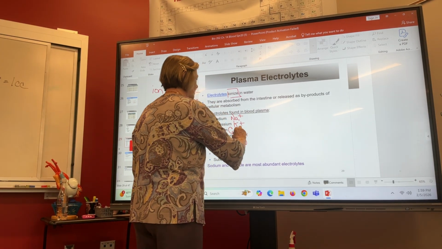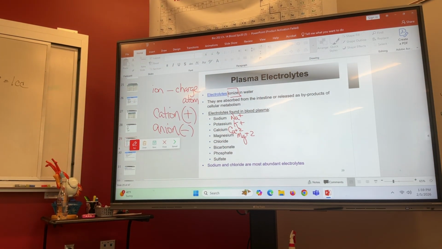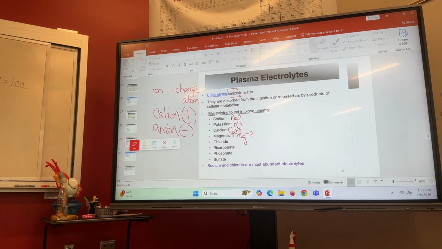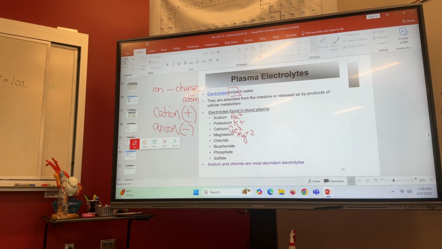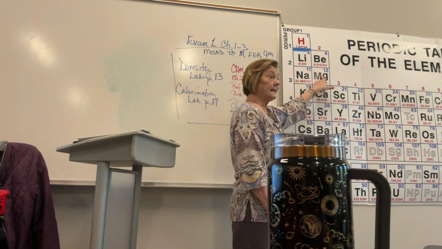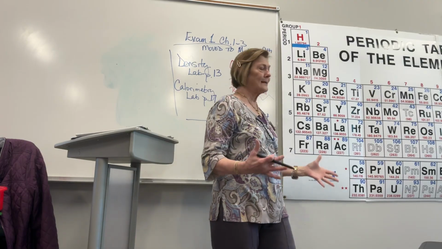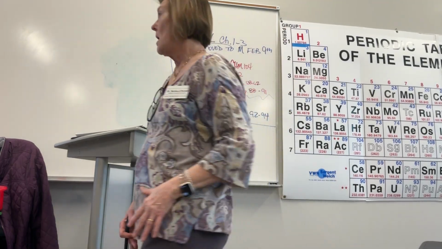Magnesium is +2. Where are these numbers coming from? Anything in this group is going to be a +1 because it loses one electron readily, so it becomes a positive. Calcium and magnesium, they're group 2. Okay, I'm just trying to make a point where they're coming from.